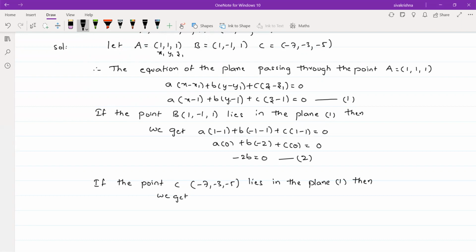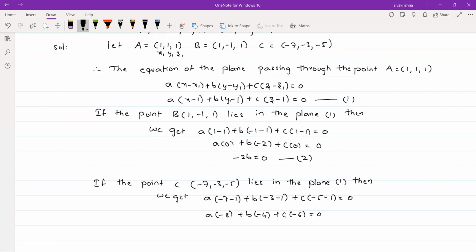Okay, so I am substituting. Now we have to put in place of x, -7 minus 1, plus b into y, which is -3 minus 1, plus c into z, which is -5 minus 1, is equal to 0. So we get a into -8 plus b into -4 plus c into -6 is equal to 0.